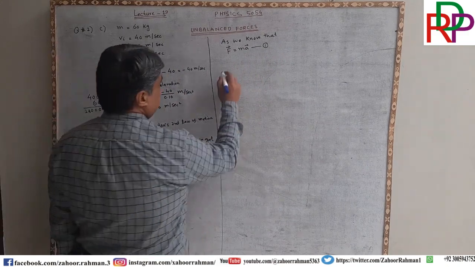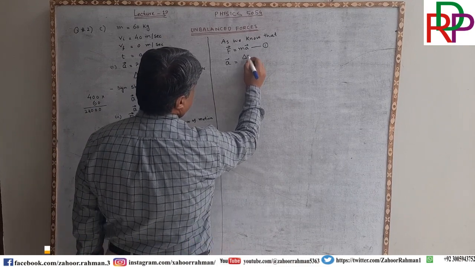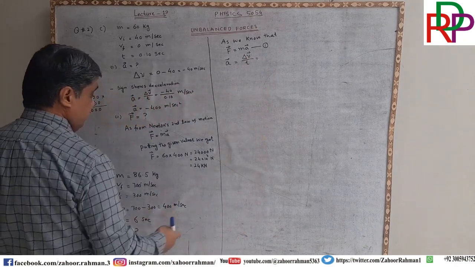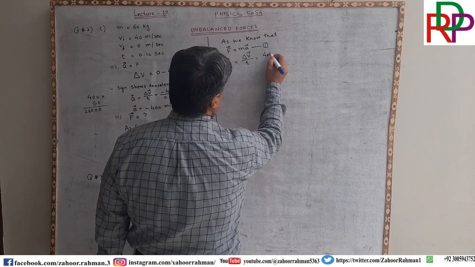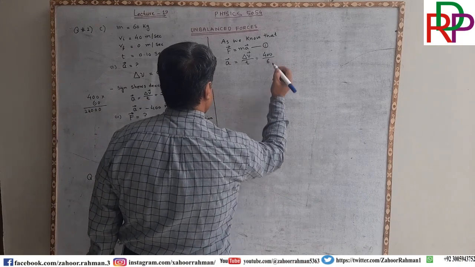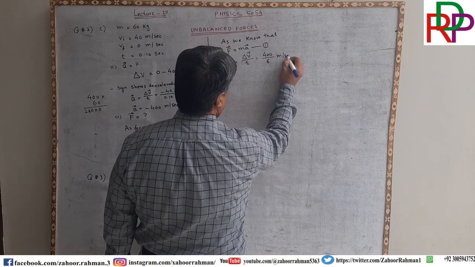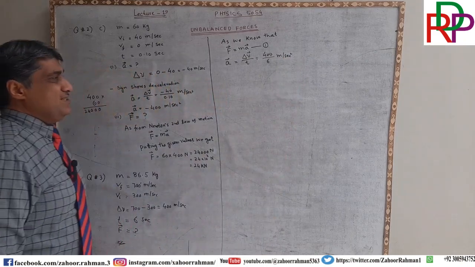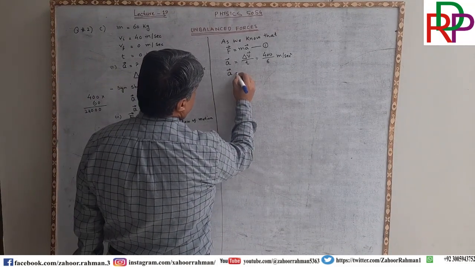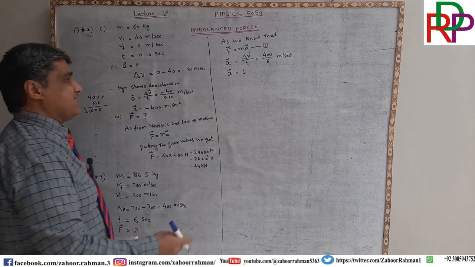For A, data is given. A is equal to delta V divided by T. So delta V is 400 and T is given as 6. And that will be meter per second square. Ladies and gentlemen, when we divide it, A is equal to 6.66.